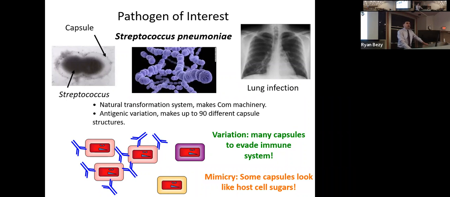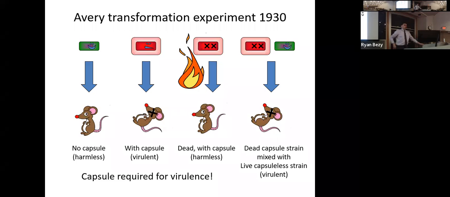The capsule is required for virulence. Virulence is the ability to cause disease. There's a pretty famous set of experiments, and yes, if you had Bio 1, you already heard about these a little bit, but I'm not going to go through it in that level of detail. They were done by Avery and his research group in 1930.